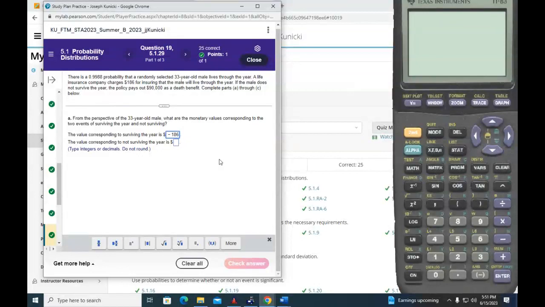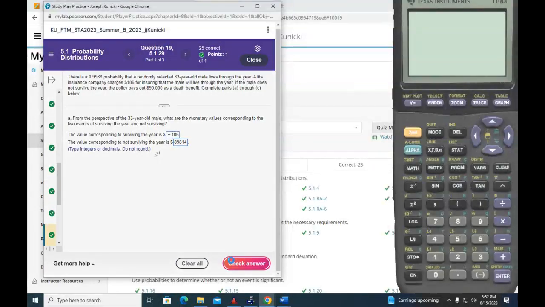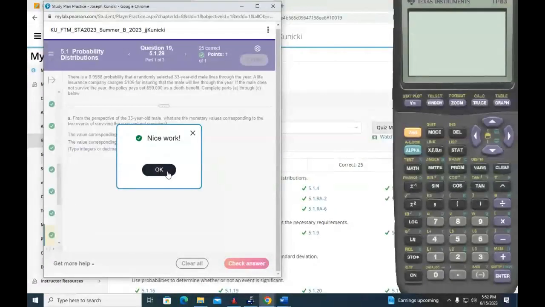Even if he dies, it costs him, because the other value is going to be 90,000 minus that. So it's 89,814. I subtracted 186 from 90,000. Those are the two numbers that are the random variables.